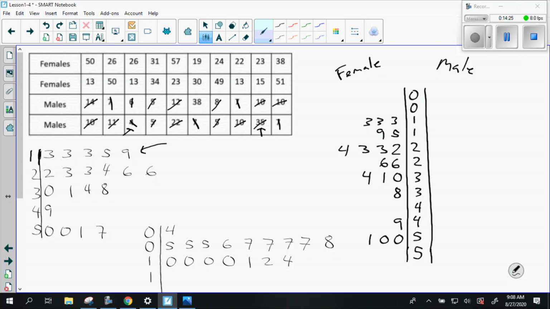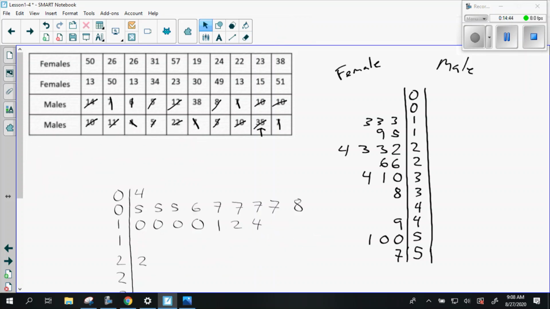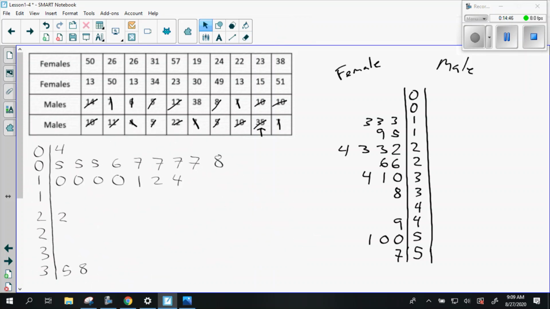Now we'll get the male side going. And because the stems are split, I can pretty much just copy this thing over onto it. And then we'll look at it and we'll talk about comparing these distributions. All right, so just copying this over essentially now, we have the split stems.